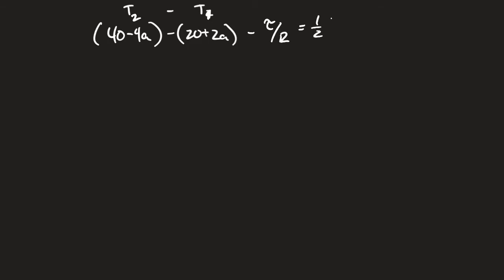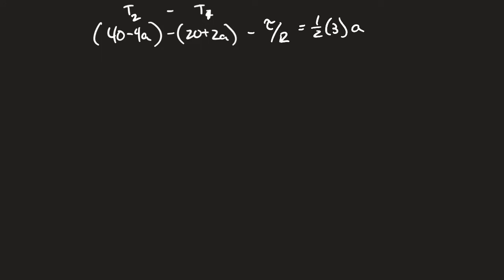That was 40 minus 4a for T1, right? 40 minus 4a, minus T2, so minus 20 plus 2a. T2 and T1, there. Minus whatever that friction garbage is, equals 1/2 times 3 times a.